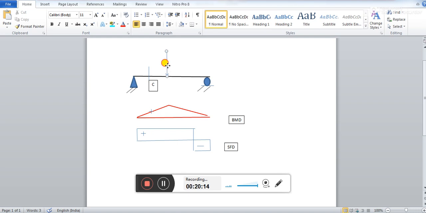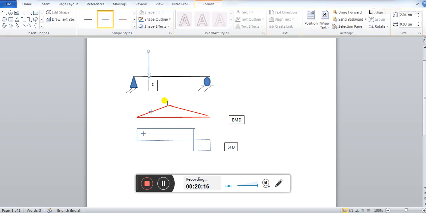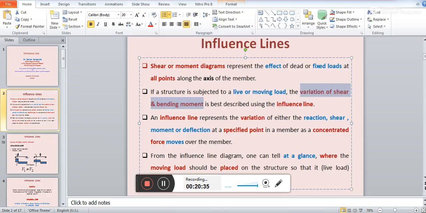When this load comes over here, the bending moment at C will become something like this. So the ordinates of bending moment are changing because of the movement of the load, and that is what is described using the influence line diagram.